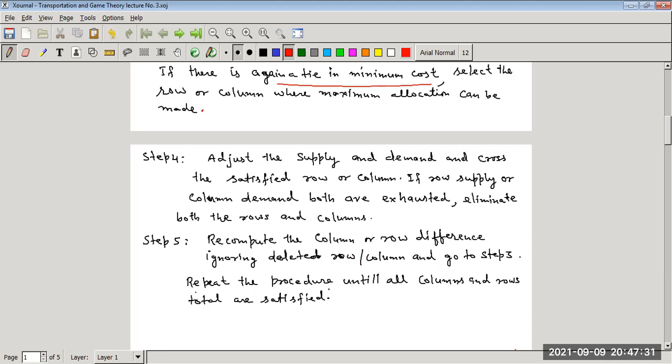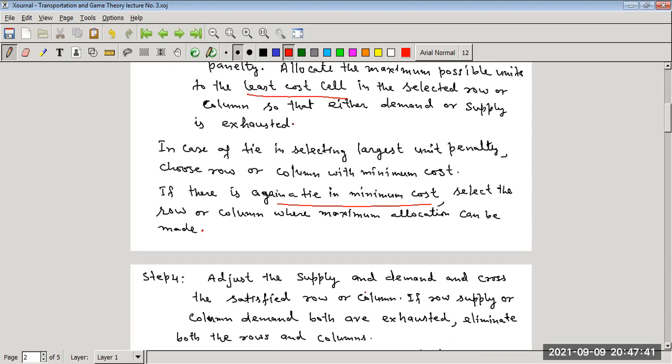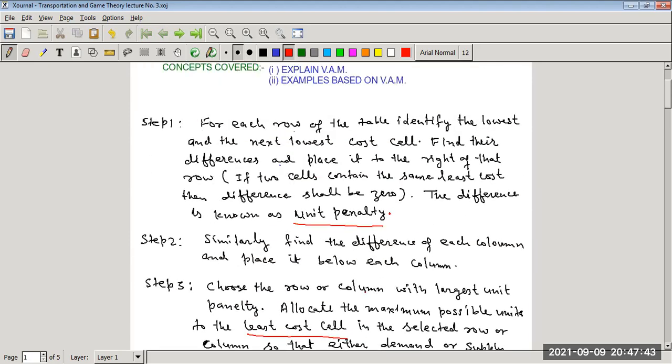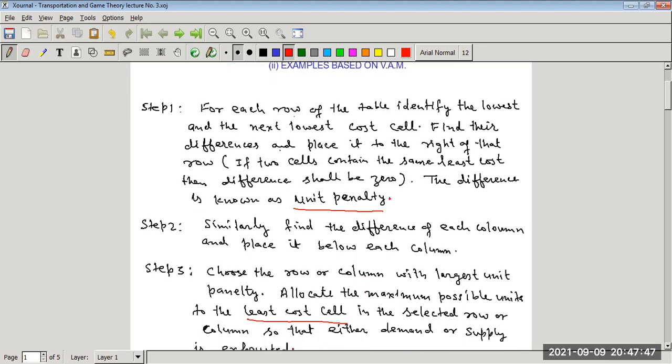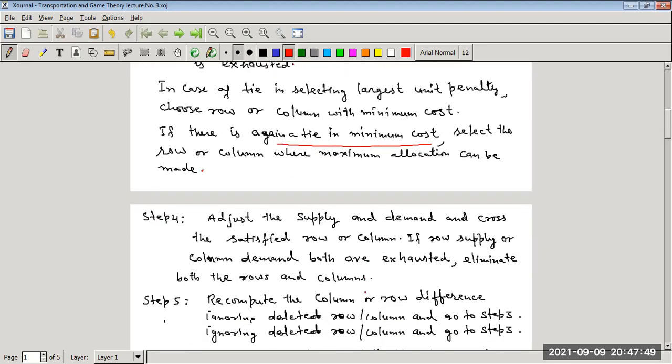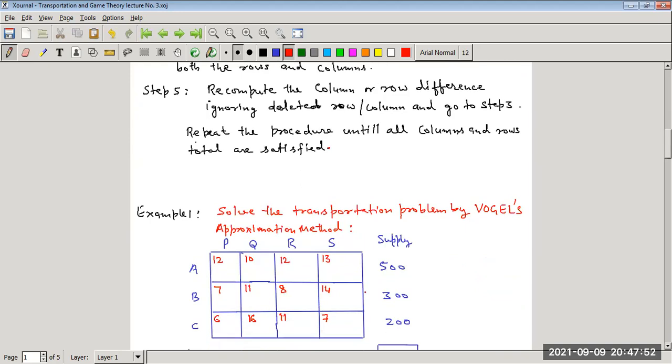Repeat the procedure until all column and row totals are satisfied. So this is the method. Sometimes this question is asked in the examination: explain Vogel's approximation method in detail. So you can write all the 5 steps in your answer.